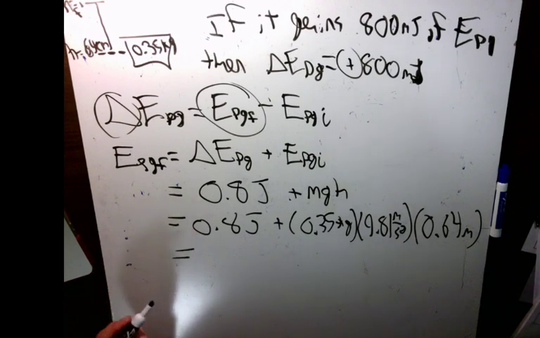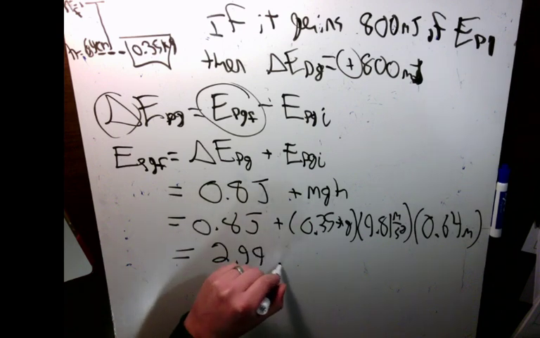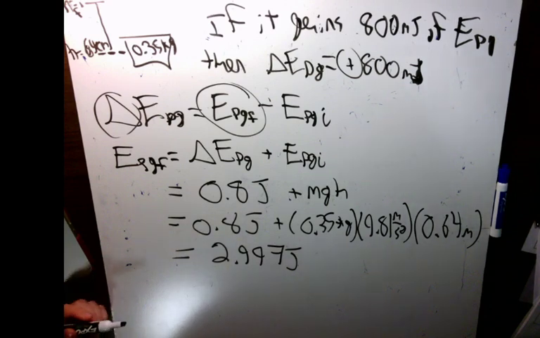And we get a final gravitational potential energy of 2.997 joules. That's not what the question asks, though.